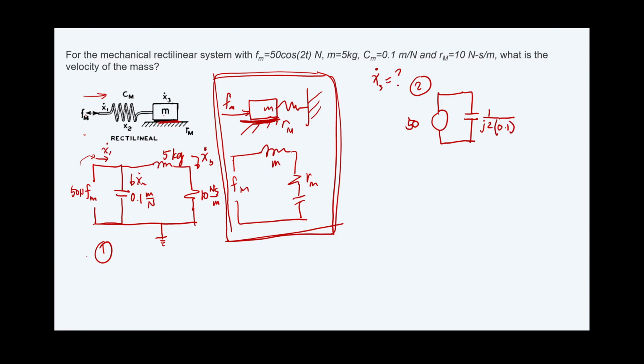Okay, so then you have the inductor. The mass here is 5 kilogram. So therefore this is jwl, so this is j2 times the inductor 5, and then you have the resistance 10 newton second. You need to have a uniform unit.